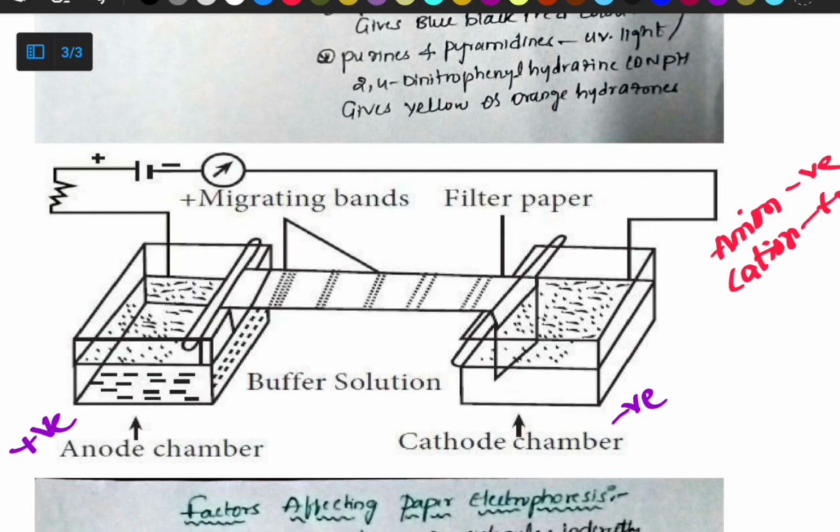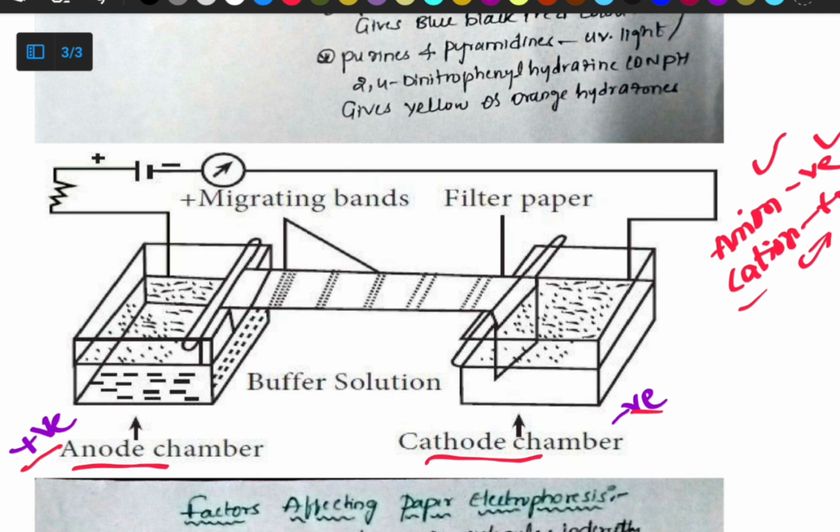Now let's look at the working setup. Here the anode is the positively charged electrode and the cathode is the negatively charged electrode, and don't confuse it with anions and cations. Anions are negatively charged biomolecules, and cations are positively charged biomolecules.